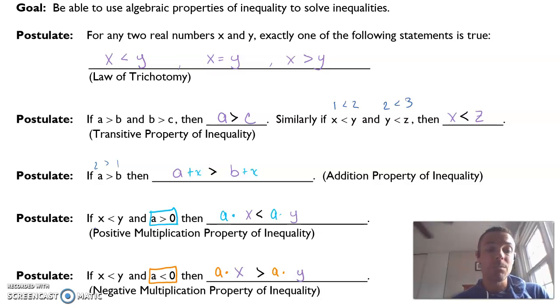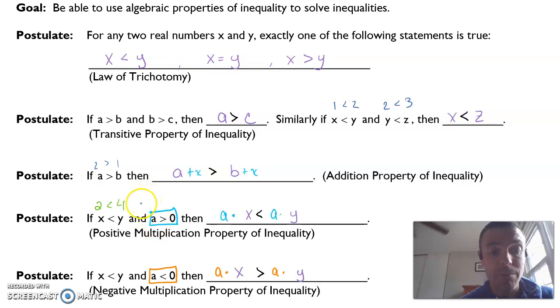The multiplication properties, there's 2 of them because you got to differentiate between when A is positive and when A is negative. So to understand that, we look at an example as, say, something like 2 is less than 4. If x is 2 and y is 4. Now if I multiply by a value that is greater than 0, all that's telling me is I'm a number that's positive.